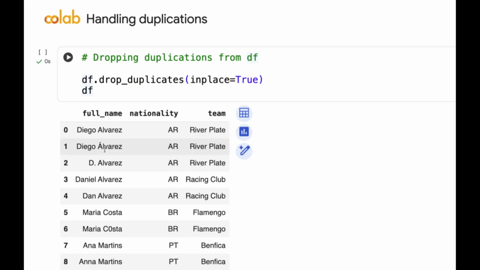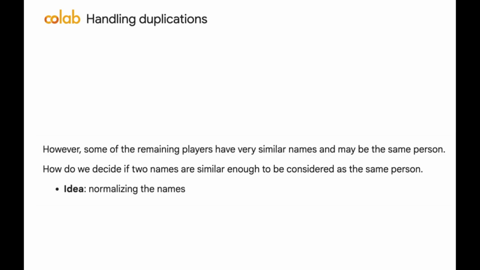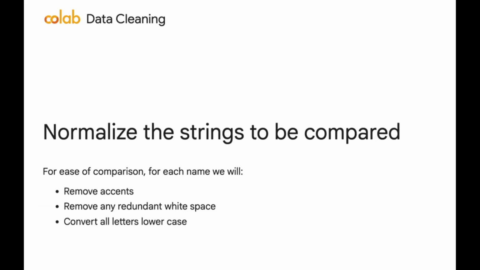They are not literal duplicates. So what do we do? This time, the method we can use to handle those more complicated duplicates is to do some normalization. Okay? Let's see how we can normalize all those strings, those textual values, right?